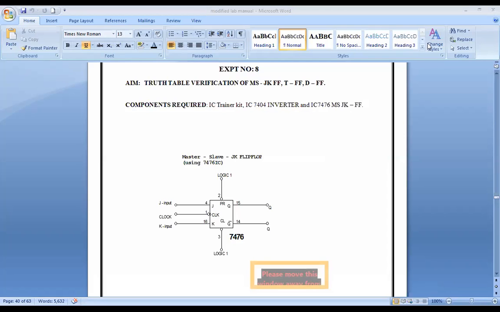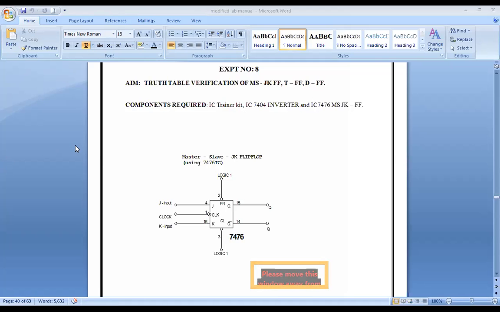Flip-flop, sir, is a sequential circuit. It is used to store data. Okay, fine. Good. There are different configurations here. So we'll be looking into master slave JK flip flop, T flip flop, and D flip flop.